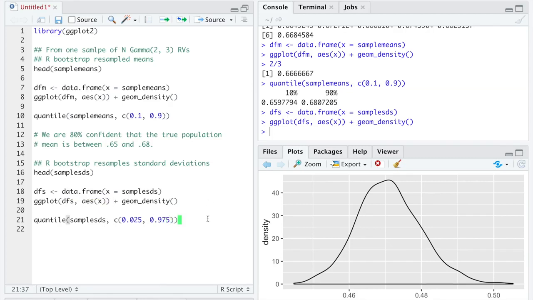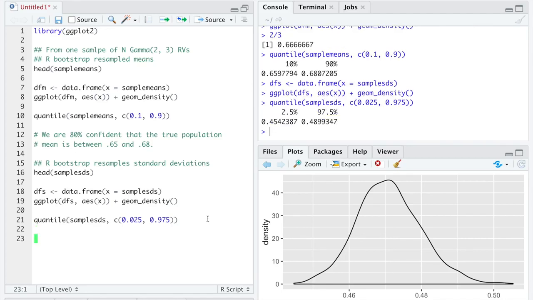I'm picking some different percentiles this time so that we can see a variation on the interpretation. So now we picked out the 2.5th and 97.5th, I don't really know how to say that, percentiles. Well, if you look at these numbers long enough, what you're realizing is that in between, let's see, 0.45, something about here, and 0.49, let's say something about here. So it's actually from here to here, now that I look at the scale better.